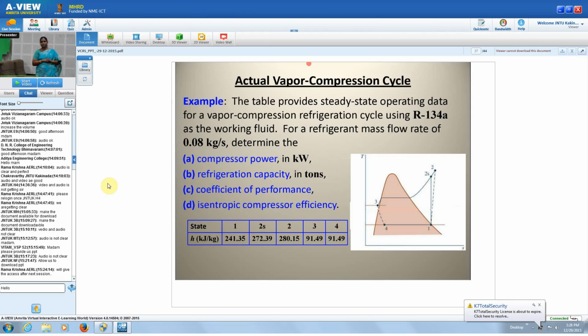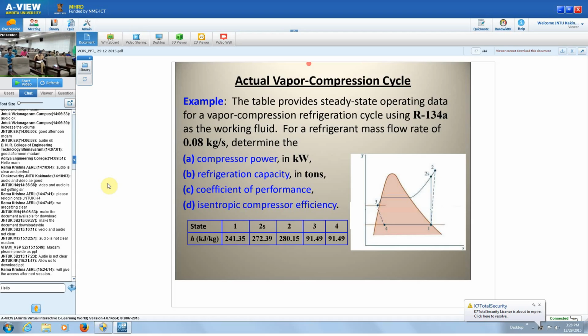At all the 5 states, the enthalpies are given. So this is also a very simple problem. No need to find out anything. All the enthalpies are known. At 1, that is at the suction of the compressor, the enthalpy is 241.35 kilojoules per kg.